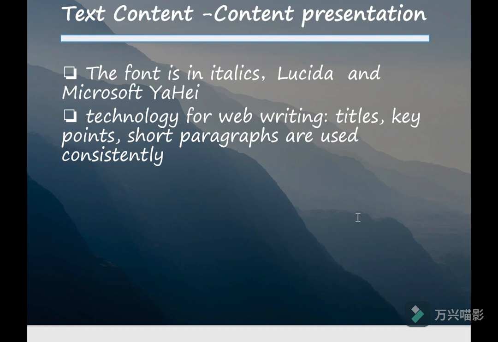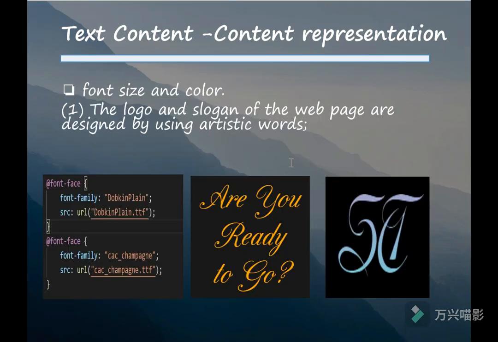Next is the content presentation, and the font is in italics, Lucida, and other common fonts. And technology for web writing contains titles, key points, and short paragraphs used constantly. And next is the font size and color.